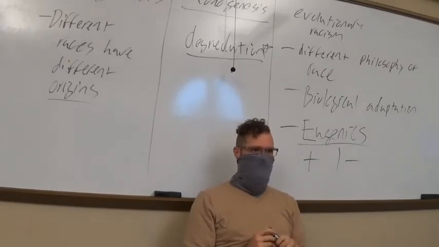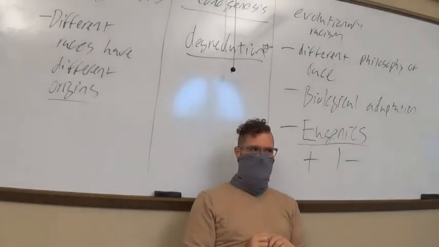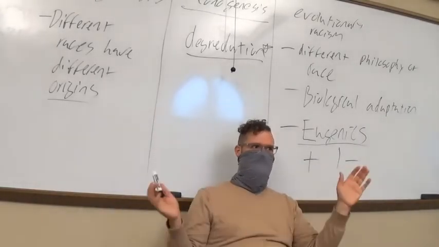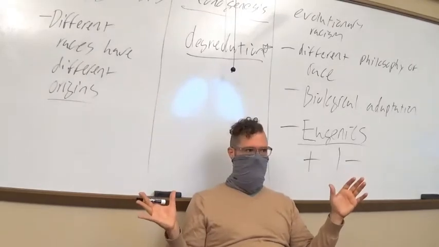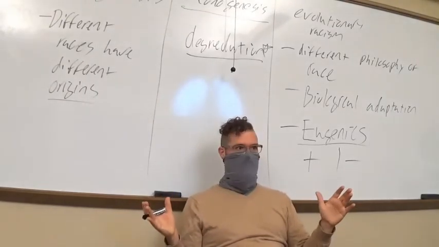How else might you see a scientific racist philosophy still popping up? I mean, besides the fact that we still see races as clear, clean-cut categories, which they're definitely not.